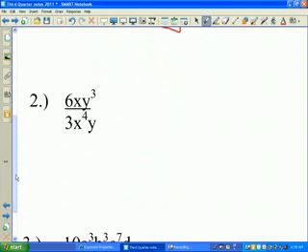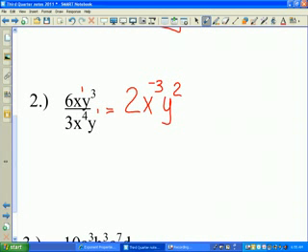For number 2, we're doing the division. So you have 6 divided by 3, which gives you 2. You have x to the 1st power divided by x to the 4th power, which will give me x to the negative 3rd power. Okay? And then my y's, y to the 3rd minus y to the 1st, will give me y squared.